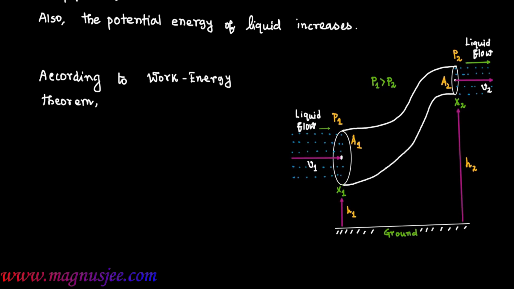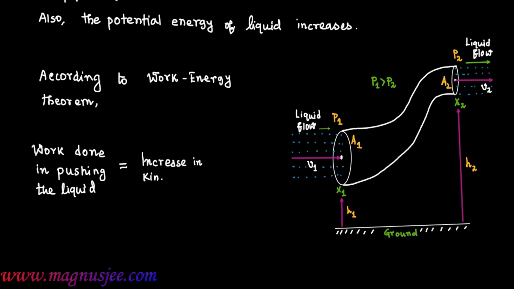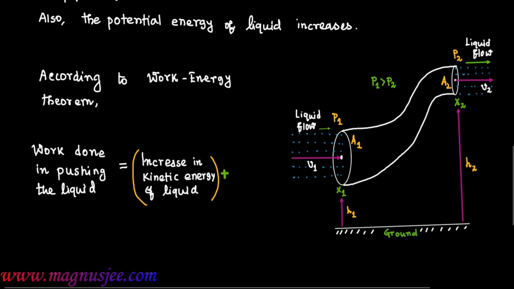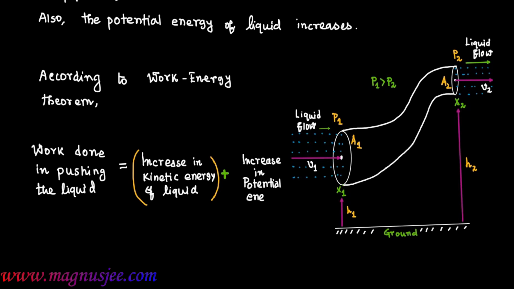According to the work energy theorem, work done in pushing the liquid will be equal to increase in kinetic energy of liquid, plus increase in potential energy of the liquid when the liquid flows from the end x1 to x2 through the pipe of variable cross section.